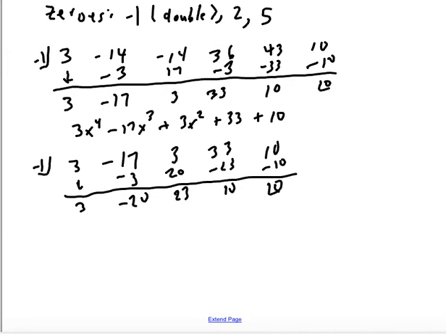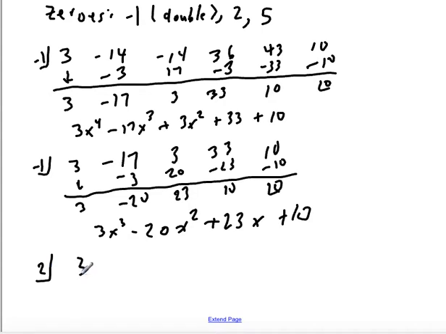Alright, some of our other zeros there. Let's try another one. So now we're down to 3x to the third minus 20x squared plus 23x plus 10. So we got 3, negative 20, 23, 10.